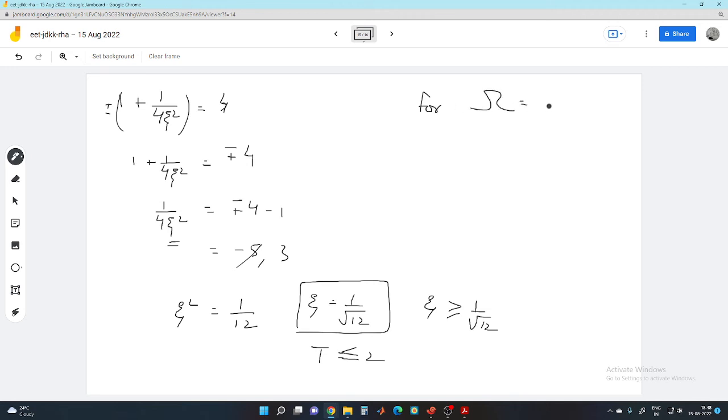For capital omega equal to 1, T initial would have been up to infinite. T final after adding damping is at max 2. So the ratio for omega equal to 1 is Tf upon Ti, which is 2 by infinite, that comes out to be 0.